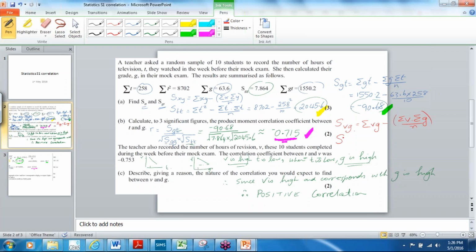And if it's like the covariance of, say, XX, then it's sigma of X squared minus sigma X squared over n. So get to know these little formulas and also your correlation coefficient formula.